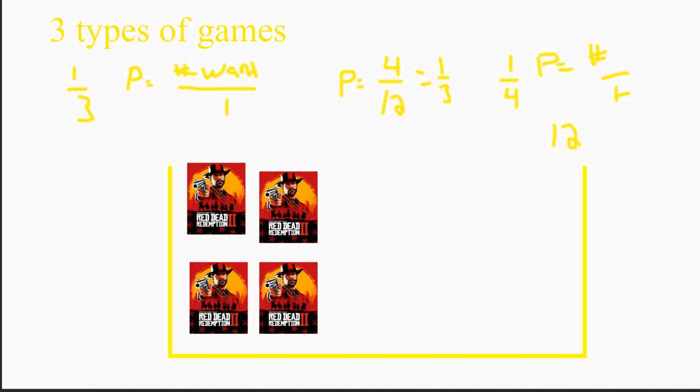If the probability is 1/4 to select something, and you know the total, then you can simply multiply 1/4 times 12, and that will give you 12 over 4, which is 3. So if you are informed that the probability of selecting a game is 1/4 and you know the total, you simply multiply the probability by the total, and you will get that answer.